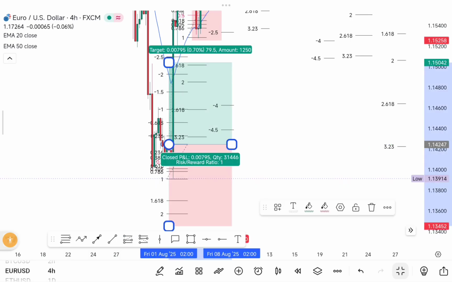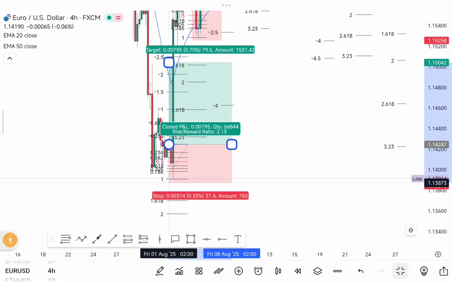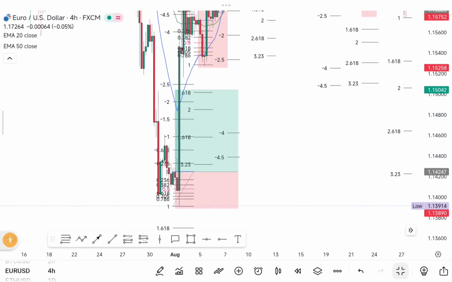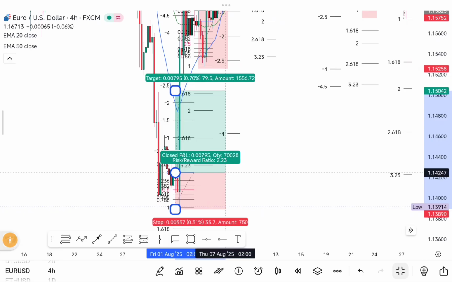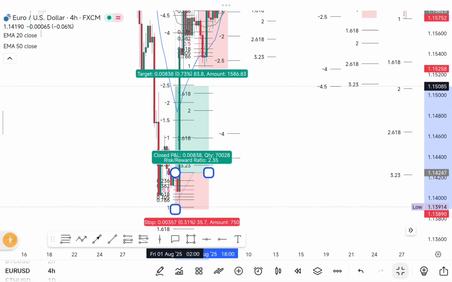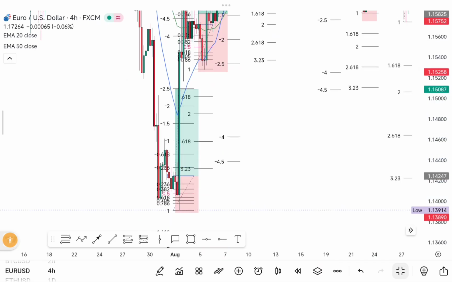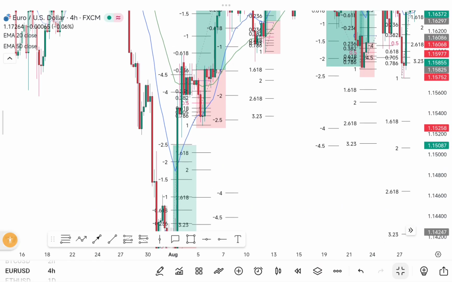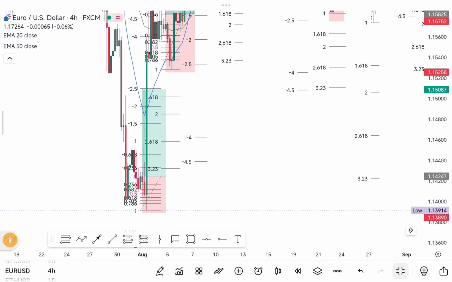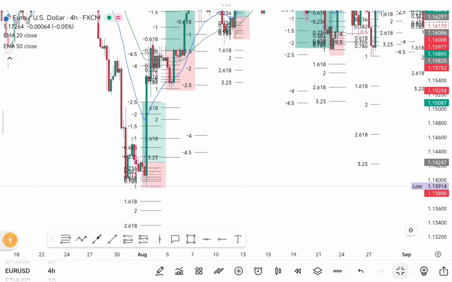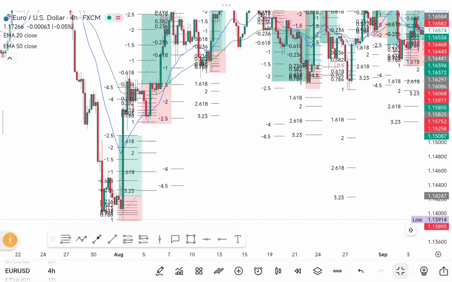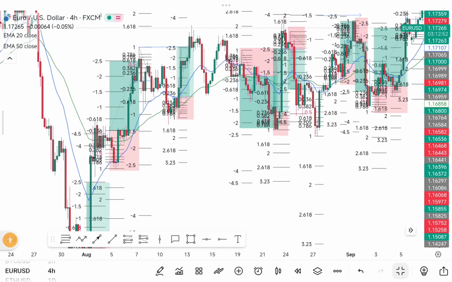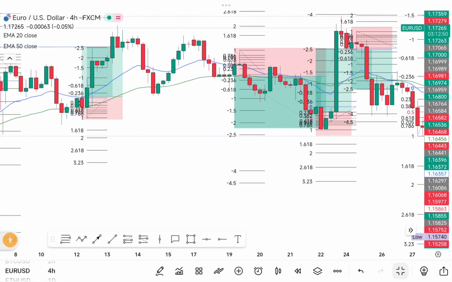This is a 4-hour chart, and in 4-hour charts, the price doesn't get manipulated easily. So I will urge you guys, if you are interested in using this strategy and if you are practicing it, always make use of the 4-hour chart.